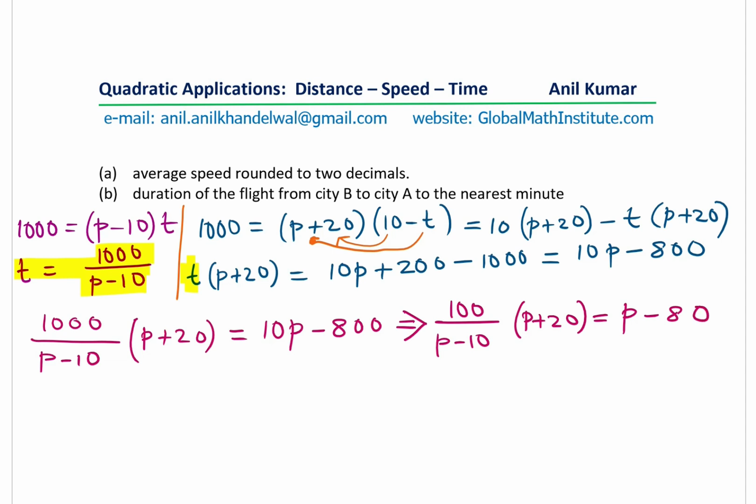So what we have done is, at this stage, we divided by 10 both sides. So to solve equations, we should simplify as we move along. And now we'll cross multiply.